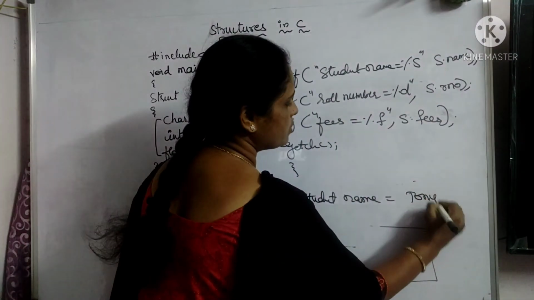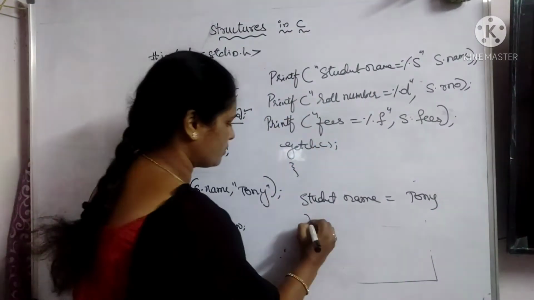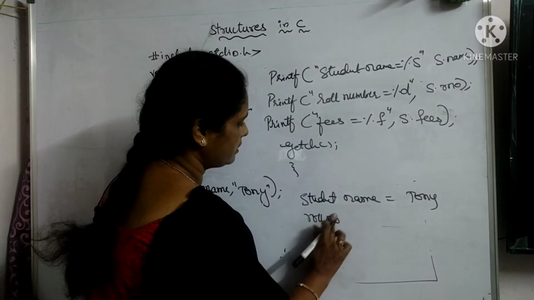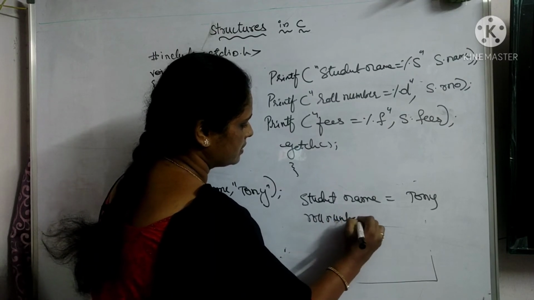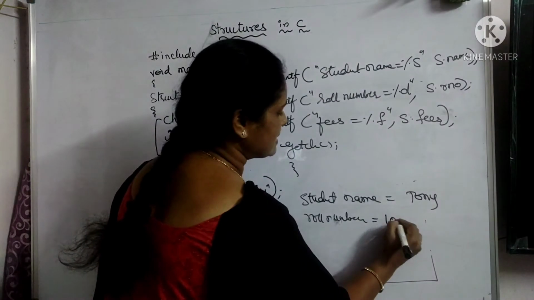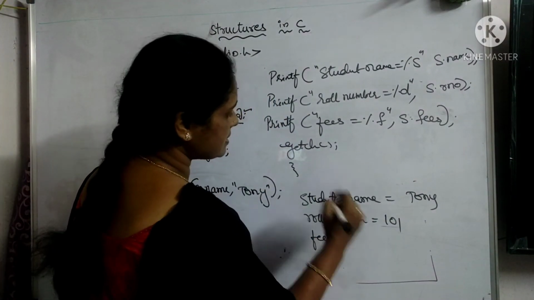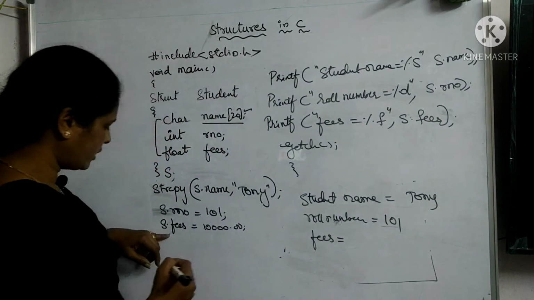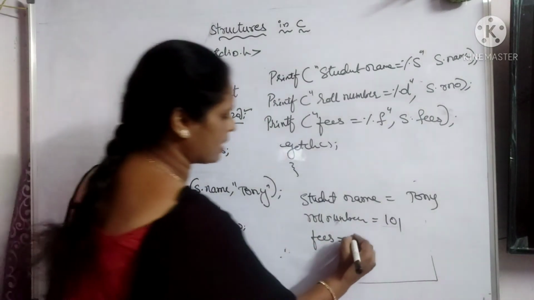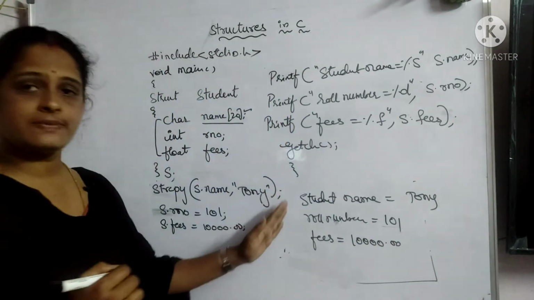So student name Tony. Then roll number is equal to, what is the roll number we gave? It is 101. Then fees is equal to S dot fees. What is stored in S dot fees? It is 10,000. Okay, so this will be the output.